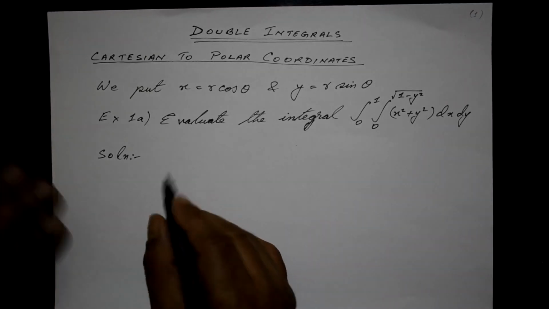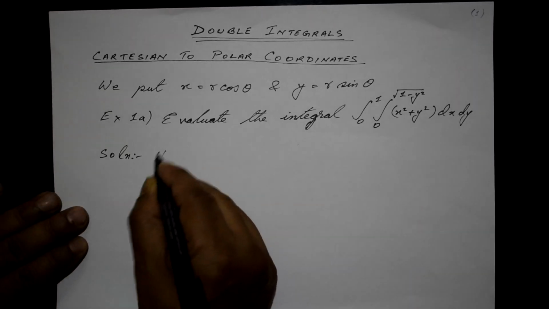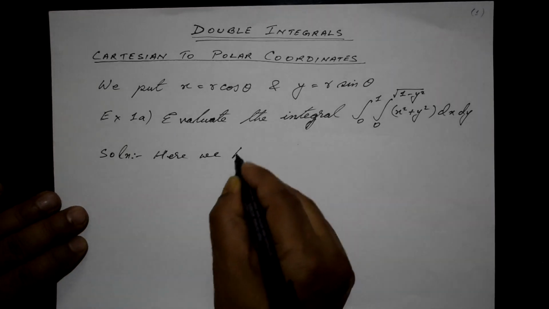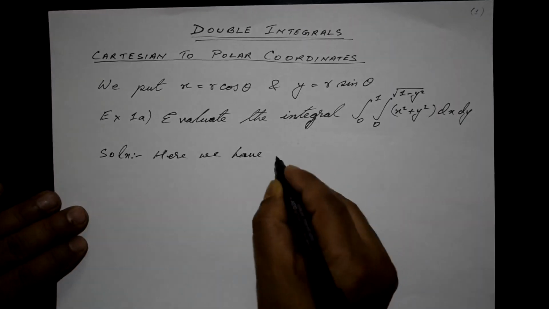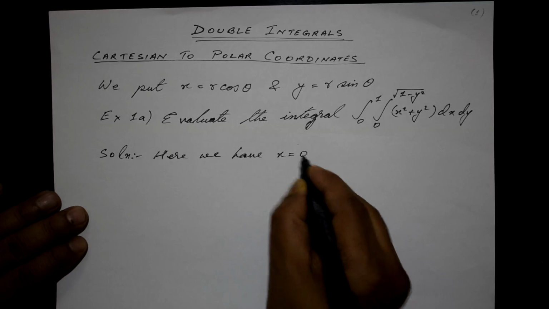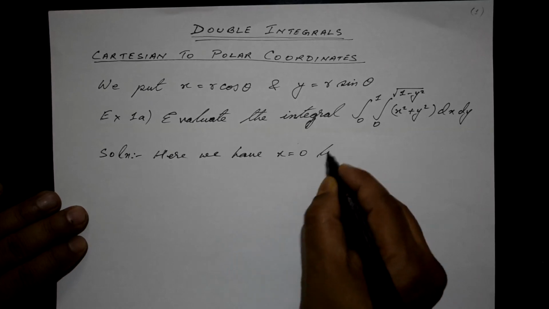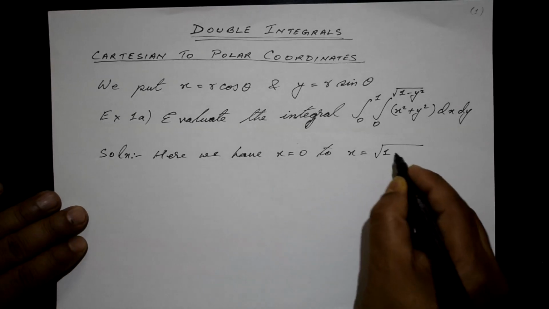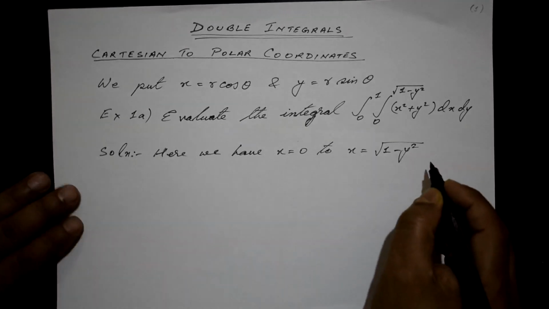Now let us take up the solution. Here we have x is equal to 0 as one of the limits, to x is equal to root of 1 minus y square.